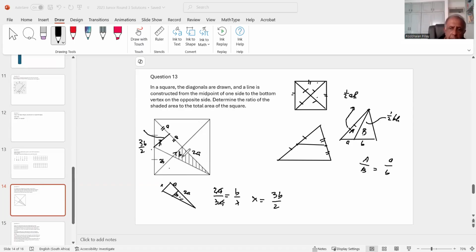Now you've got the ratio of this over this is 1:2. So if we need to calculate this area here, let's call it capital X, it is the area of this.